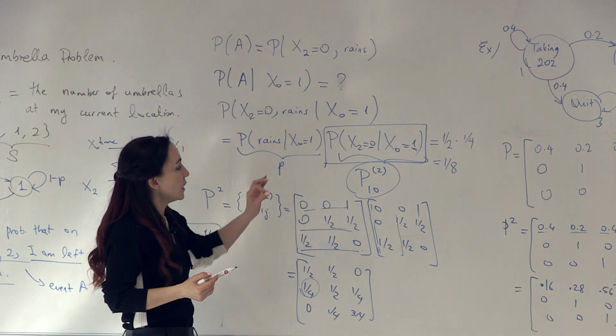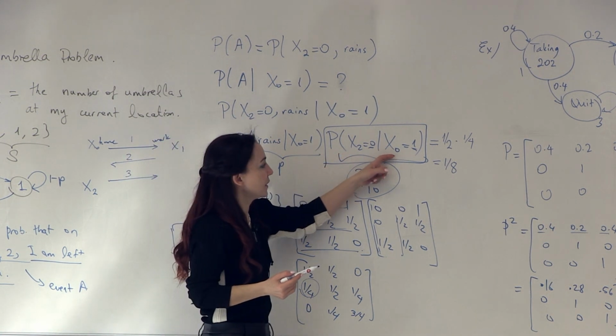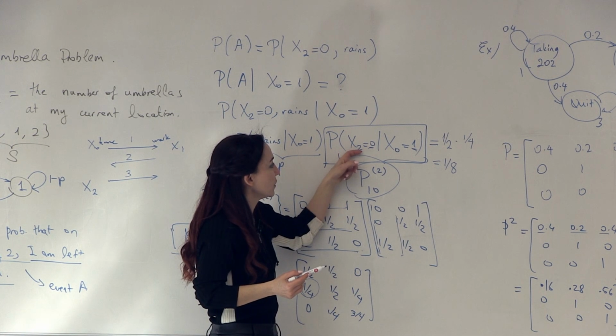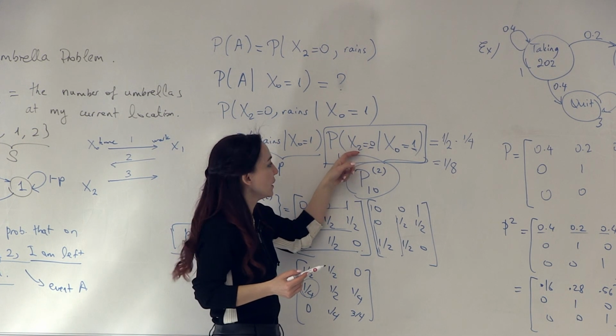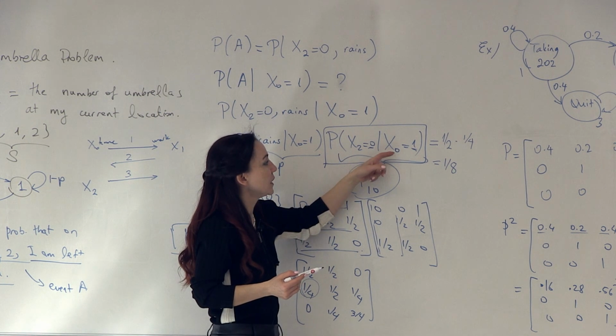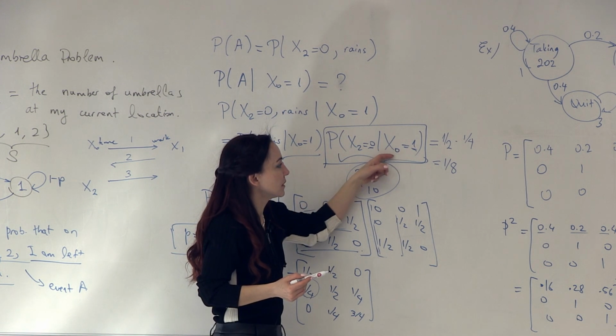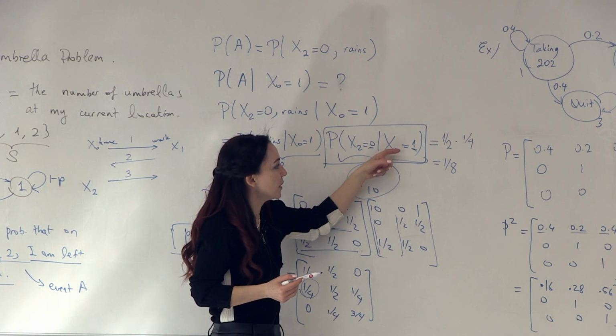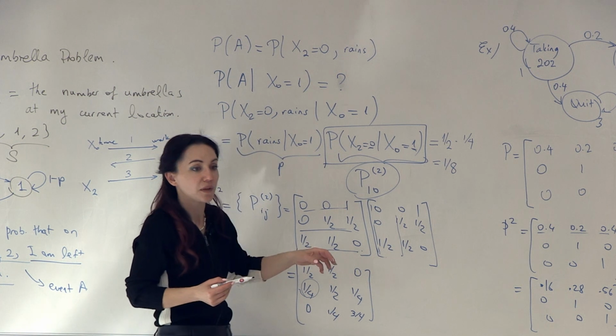Now, of course, it matters that for this probability of being in the no umbrella state after 2 transitions, the past is important. The fact that I started with one umbrella at time 0 is important.